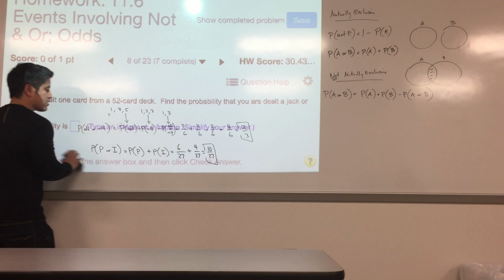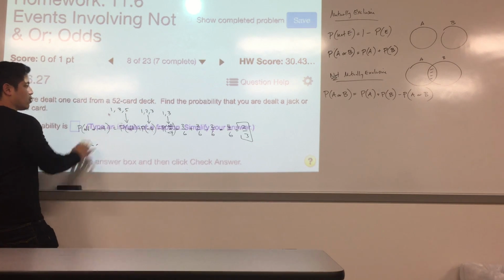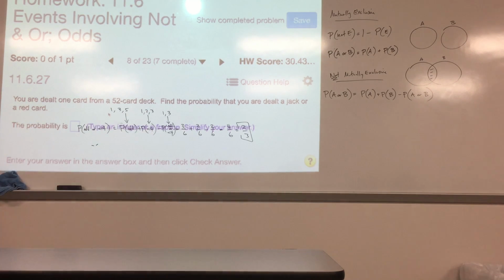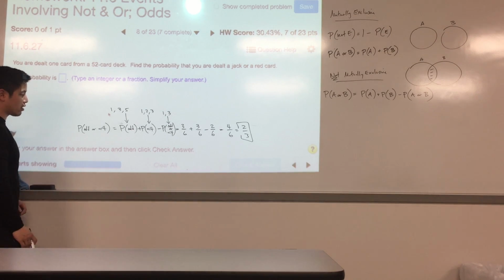So now, with that said, let's leave this one up as an example, even though it's covered up. How about maybe I back up just a little bit? There, perfect. You are dealt 1 card from a 52 card deck. Find the probability that you are dealt a jack or a red card. Let's go take a look here.